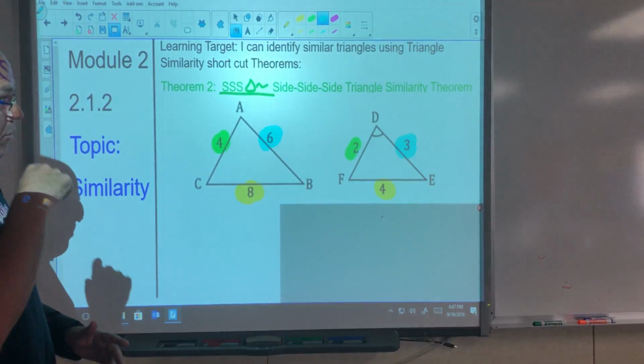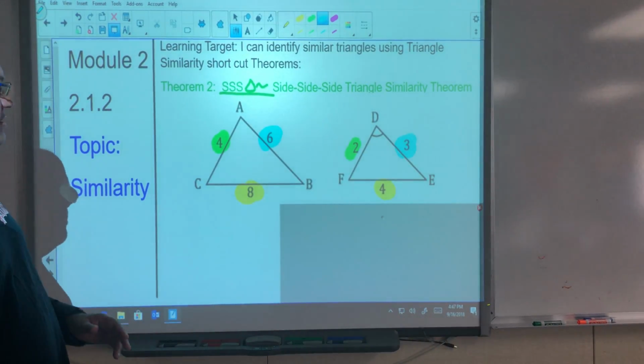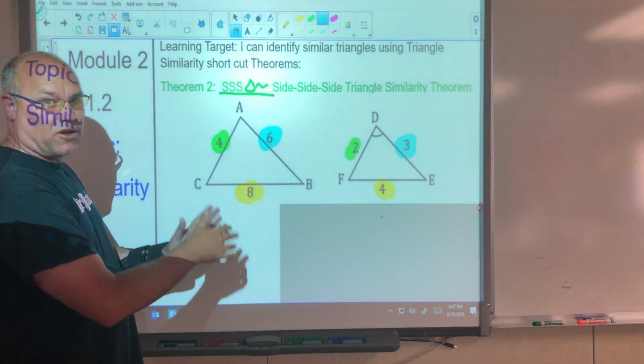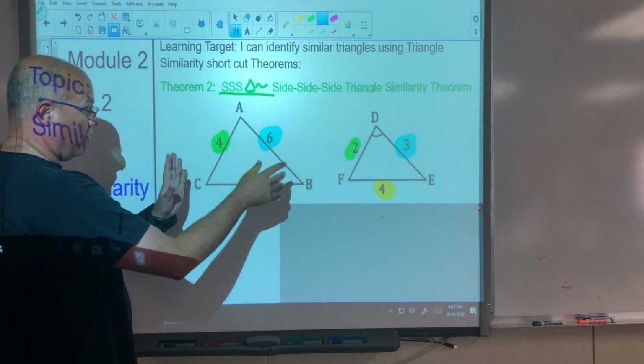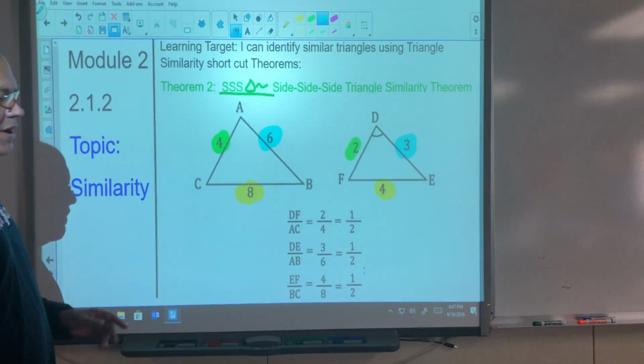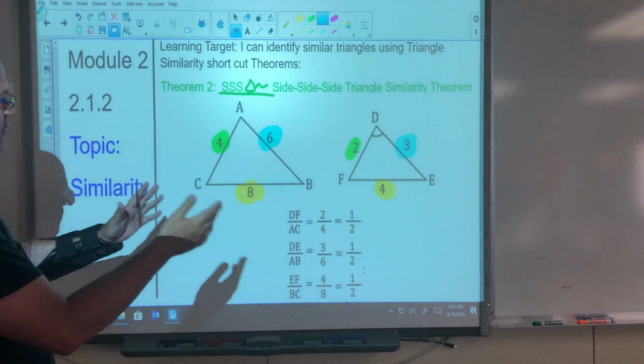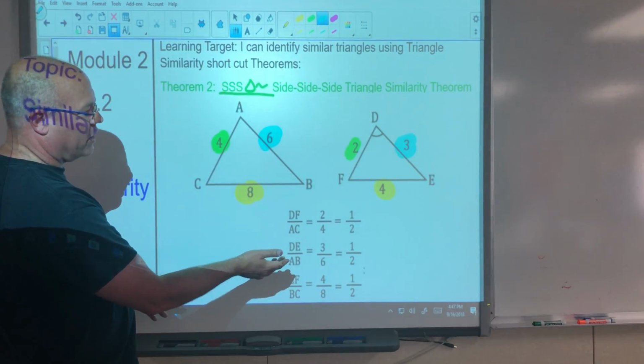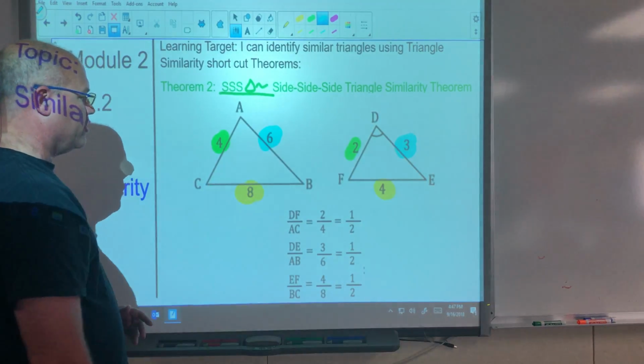Now, in order to say side-side-side triangle similarity, we've got to prove that the ratios are all the same for all those 3 corresponding sides. To do that, we can write it either small over big or big over small. In this example, we're going to go small over large.